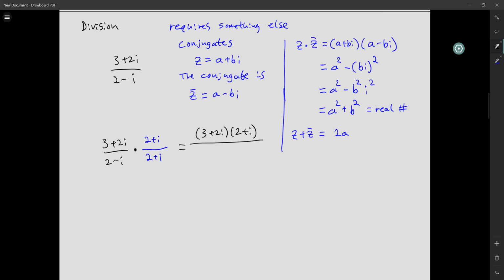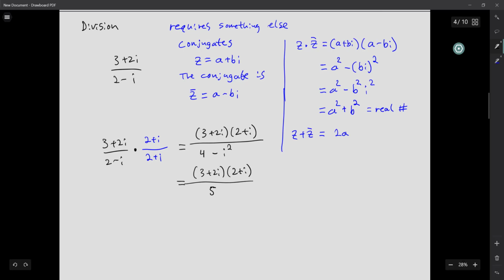And over here, what that says is I should take the number parts and square them and add them together. But this is going to come out to 4 minus i squared. I squared is -1, so it'll be 4 plus 1, which is 5.